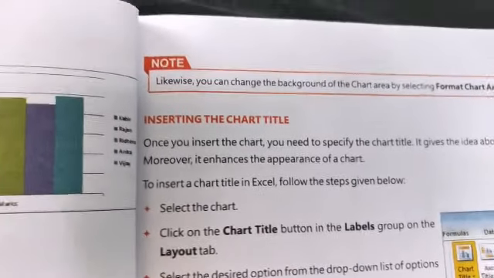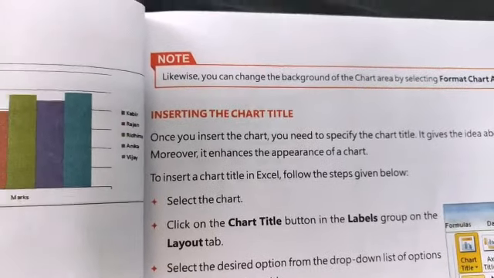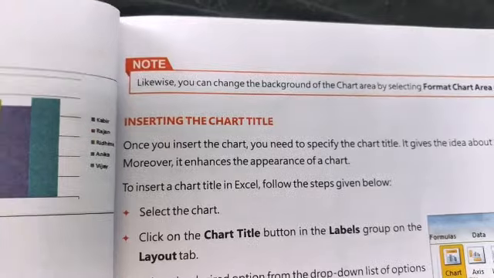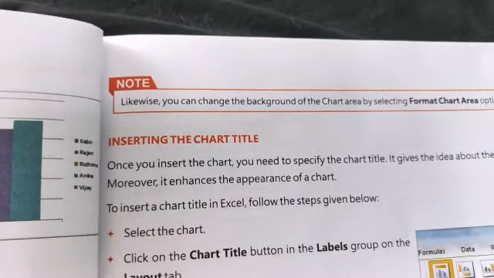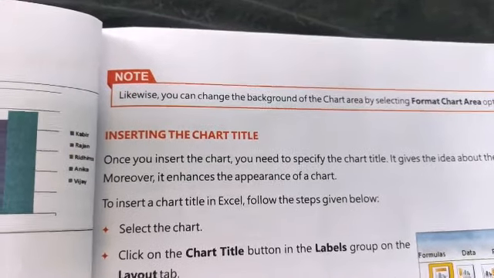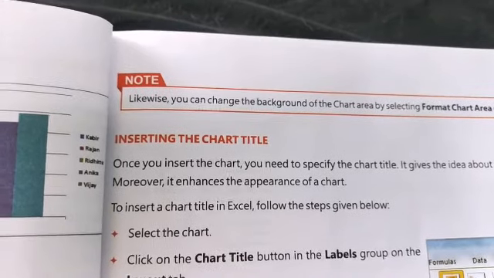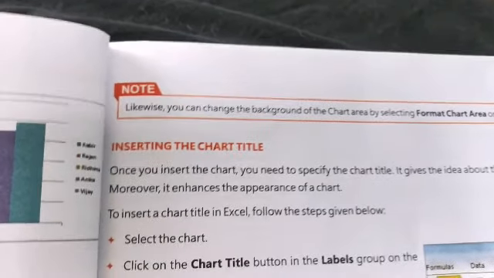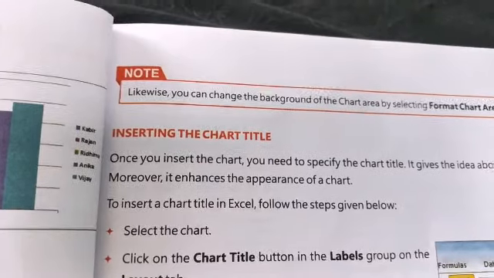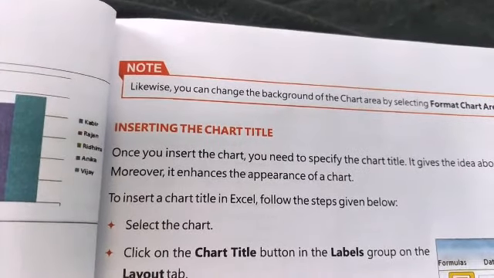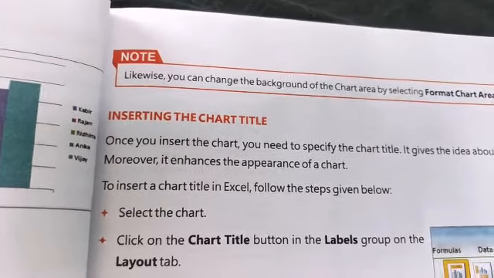With the help of this you can increase the attraction of the chart. That means you can use different colors or different types of font to give the heading that will make your chart attractive. So what are the steps you have to follow?